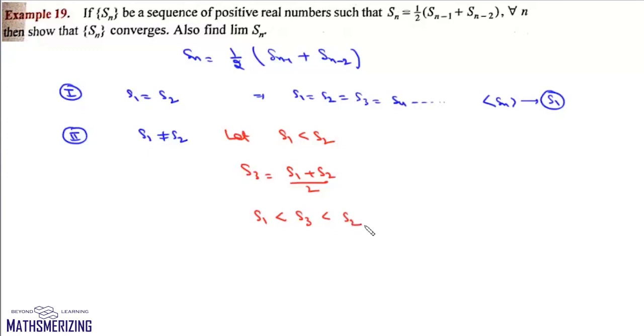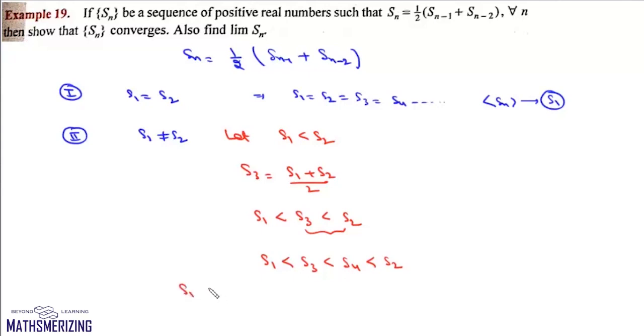Now S4 is the arithmetic mean between S3 and S2. So S4 will lie between S3 and S2. We'll write S1 will be less than S3, will be less than S4, and will be less than S2. So if we continue this pattern, we'll end up getting two subsequences.